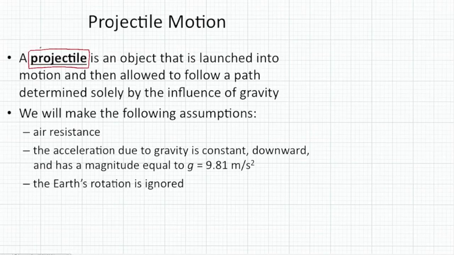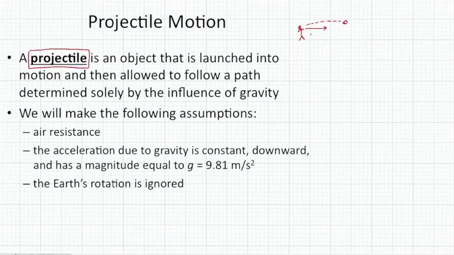So you might say a baseball is a projectile. Somebody takes a baseball and throws it through the air. Gravity is affecting it. Gravity is pulling it down. We know that baseballs make an arc or a parabola. It's because of gravity, but the horizontal component of it is because of you throwing it in the horizontal direction.